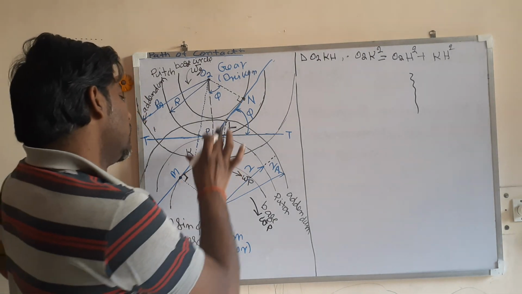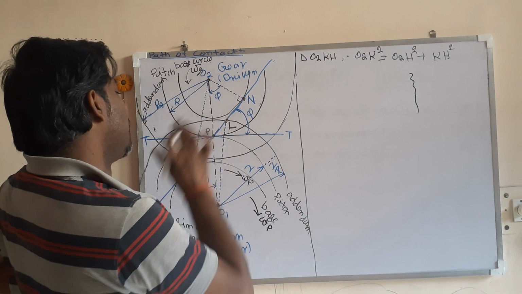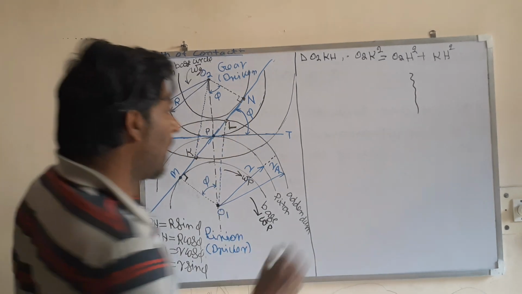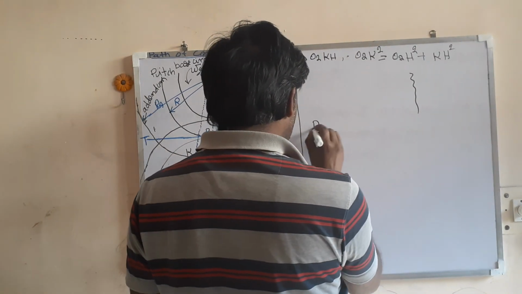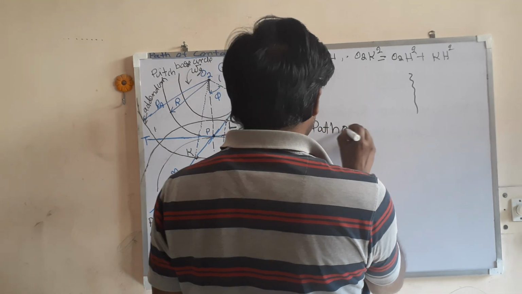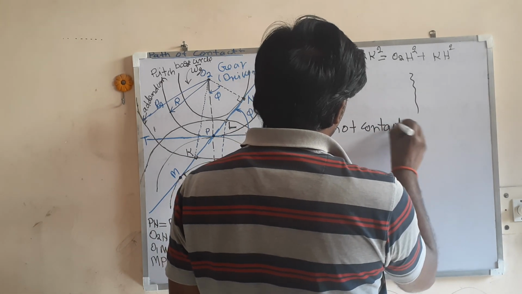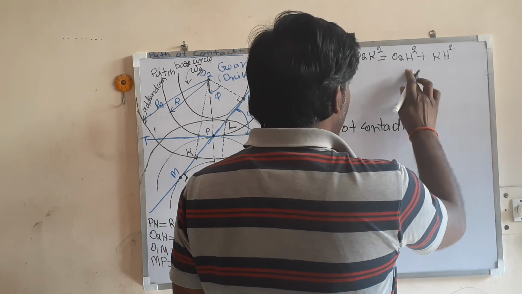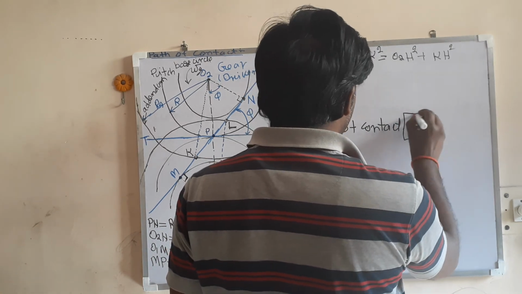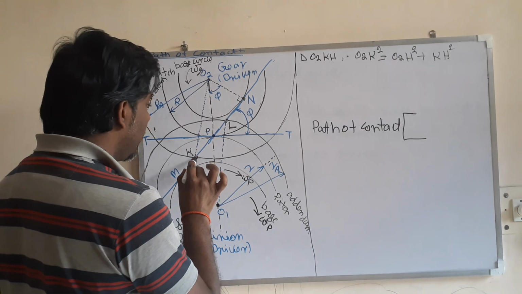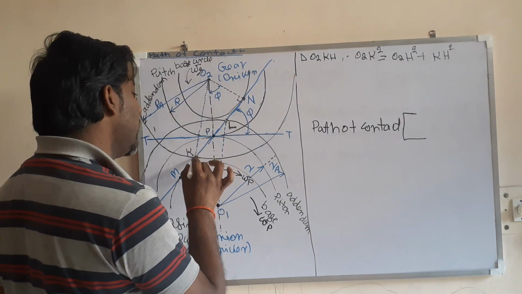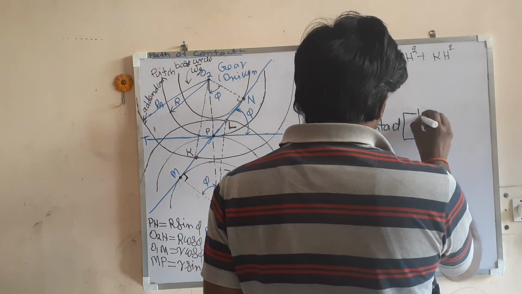Now this path of contact can be divided into two parts. Let us see. The first one is from K to P, up to the pitch point, that is KP.